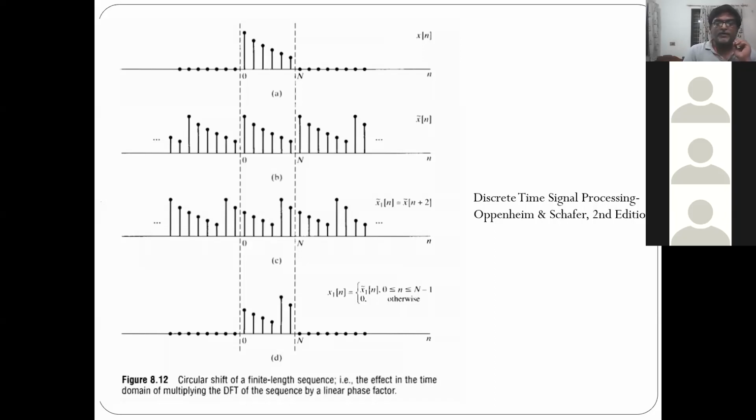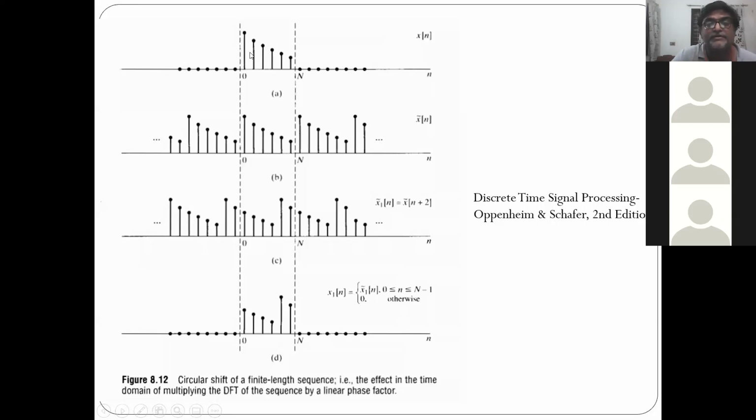And now, if I take one cycle of that, that is the period of x tilde of n plus 2. See what is happening here. We will compare this period with this signal, the first and the last signals.